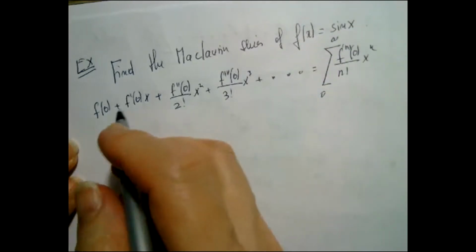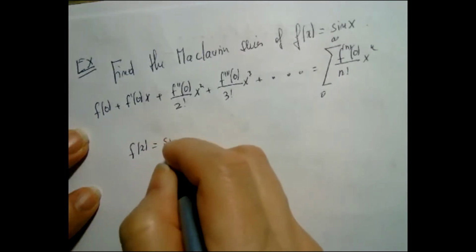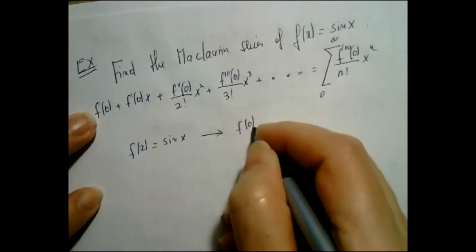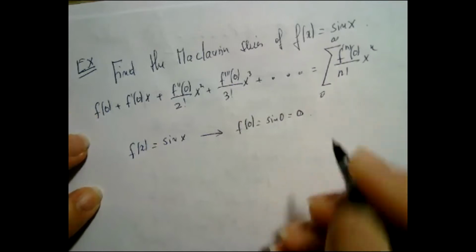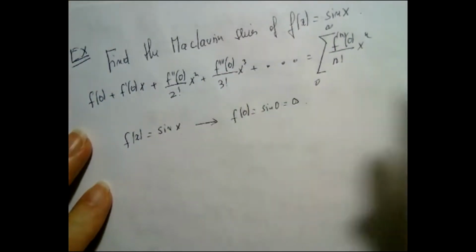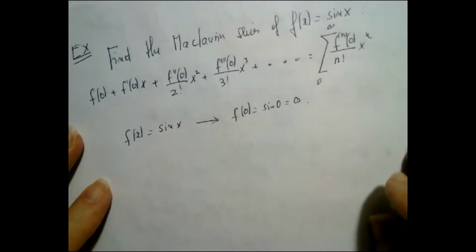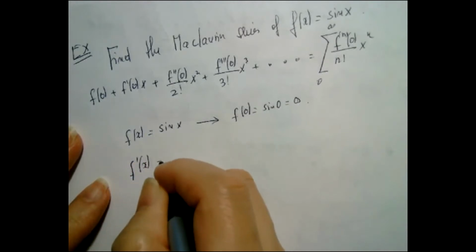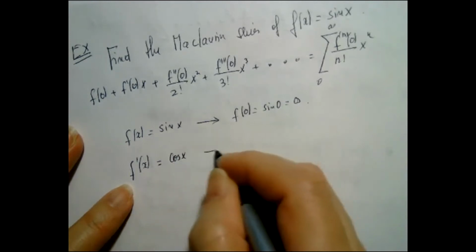All right. So f of x equals sine x. I need f of 0. So f of 0 is the sine of 0, which is equal to 0. So I have to keep finding derivatives. And when you think I should stop, you tell me to stop, or I will keep going forever. F prime, the derivative of sine, is the cosine.